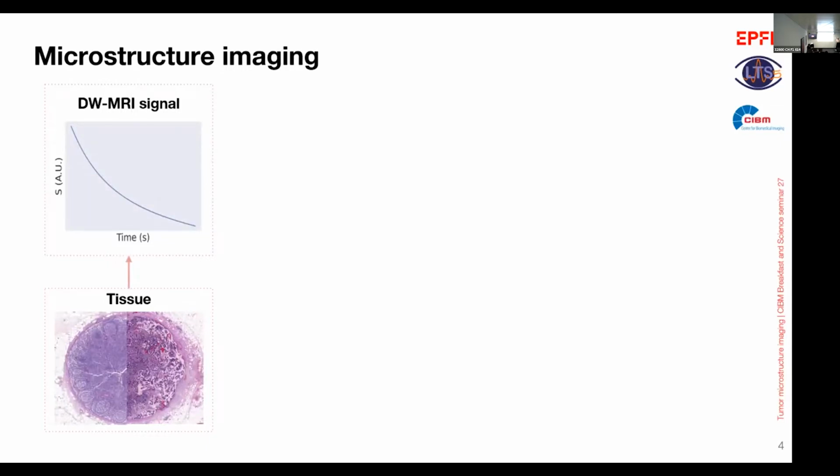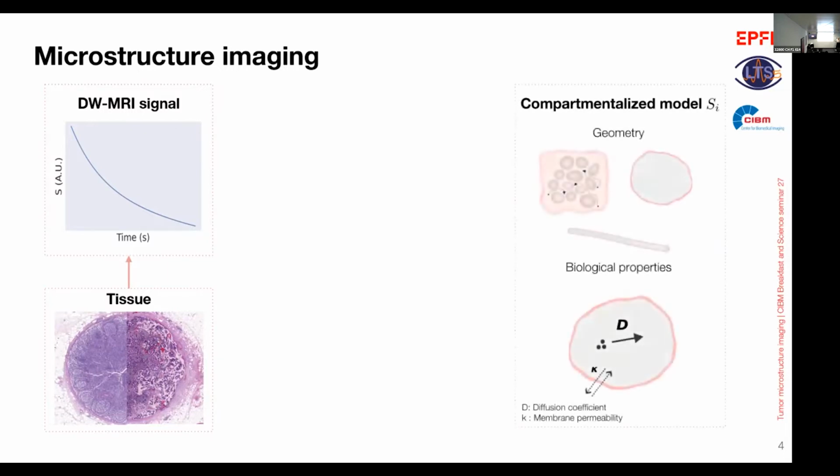But from an engineering point of view, this tissue can be seen as a mixture of biological entities that you have here on the right. These biological entities have different shapes, different sizes, different biological properties, and each of them has a different response to the gradient sequence. So for each of them, we can generate diffusion MRI signals.